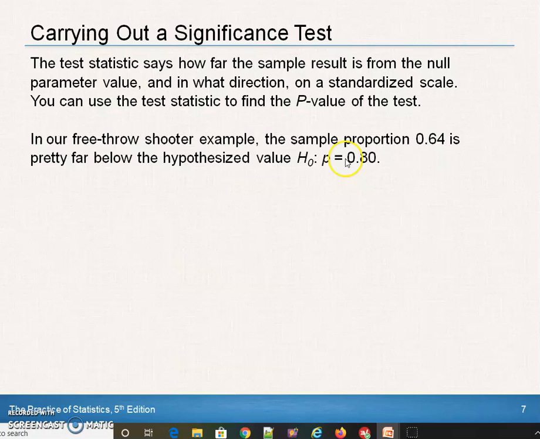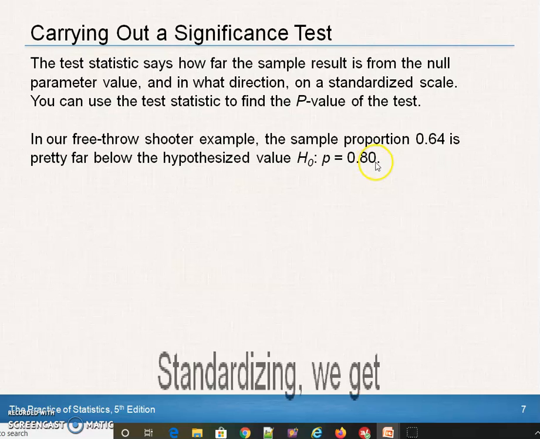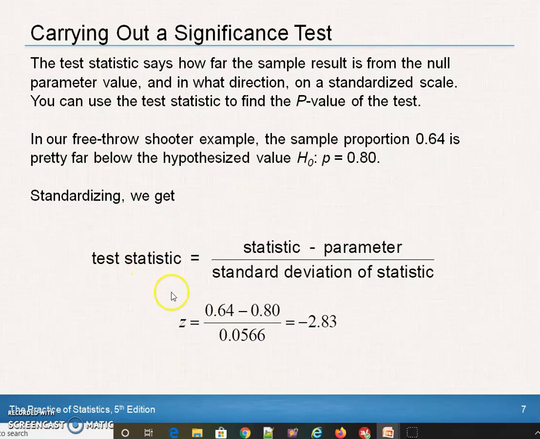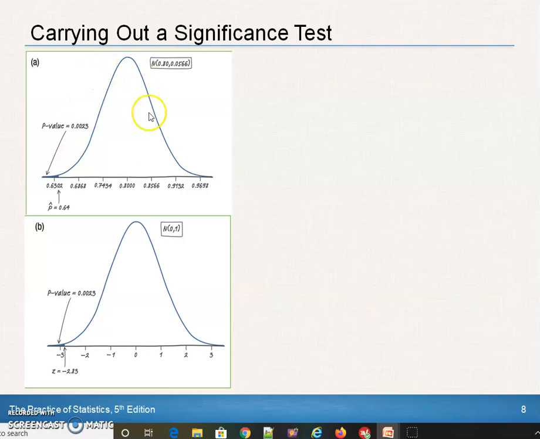In our free throw shooter, the sample proportion is 0.64, pretty far below the 0.80. Standardizing, we get the z-score: 0.64 minus 0.80, statistic minus parameter, over the standard deviation, the square root of pq over n, 0.0566, which gives us negative 2.83. So this top picture, this bell-shaped curve, is the normal curve located at 0.80, and here's the 0.64.